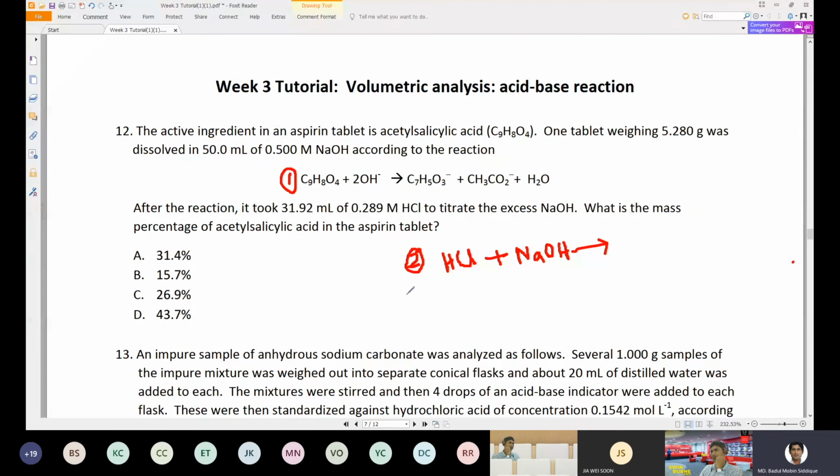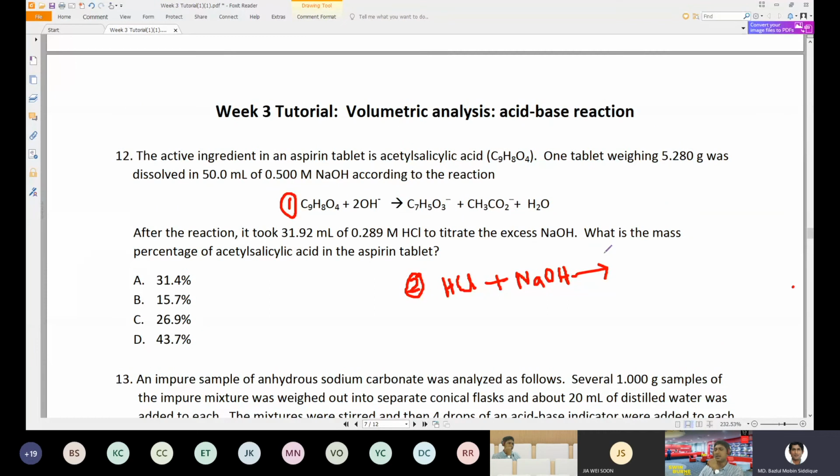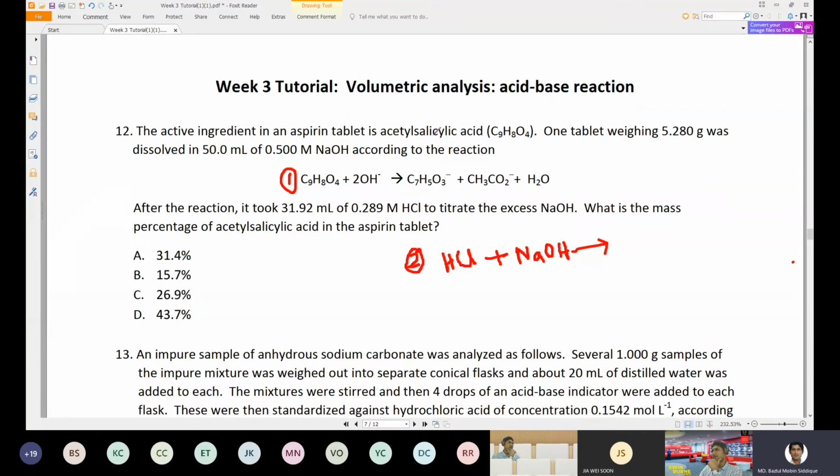Okay. So here, once again, if we want to visualize what is happening here, that salicylic acid, we put it in a conical flask. This is the salicylic acid in the conical flask, and I put sodium hydroxide in it, an excess amount of sodium hydroxide.